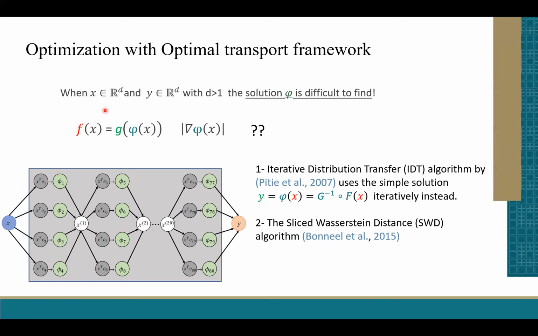So when we go to higher dimensions, more than 1D, this closed form equation is not available. It's not possible. So Pitié and Rosenhahn proposed the iterative distribution transfer, the IDT algorithm, that uses this simple equation iteratively instead.